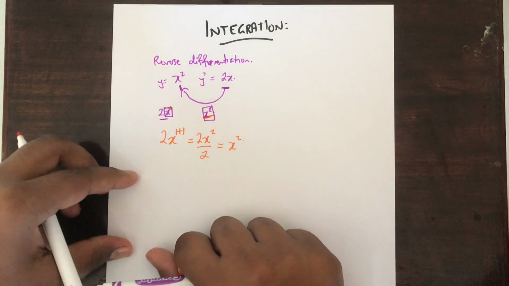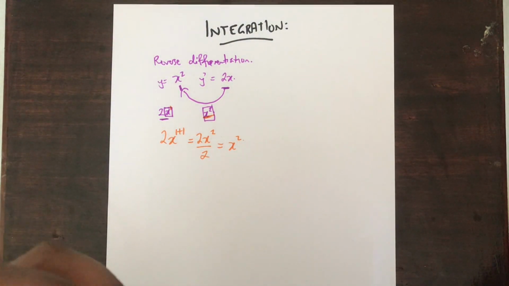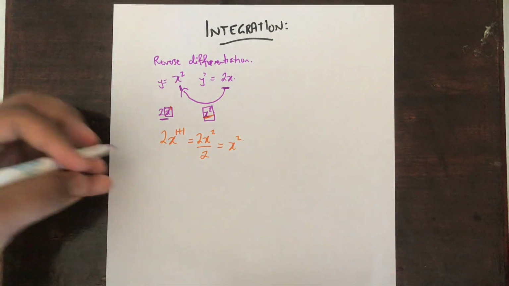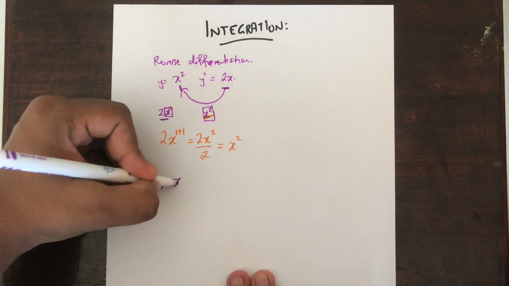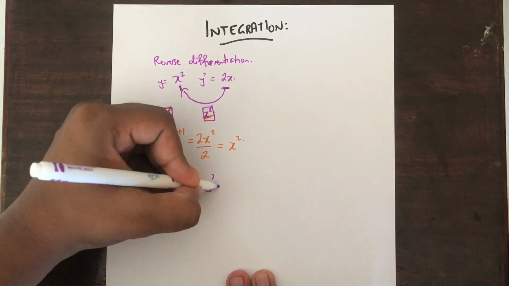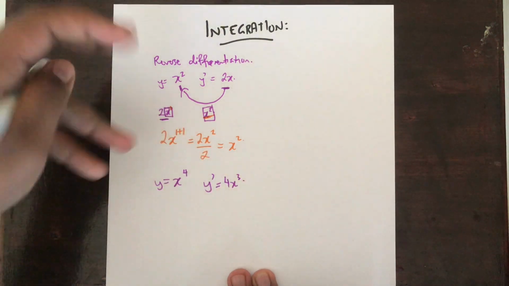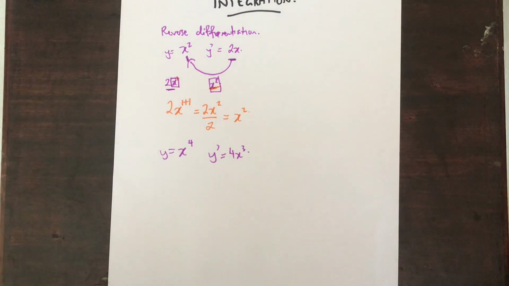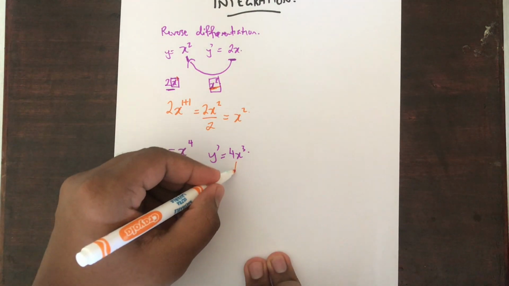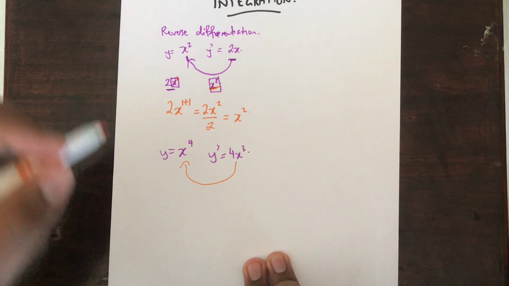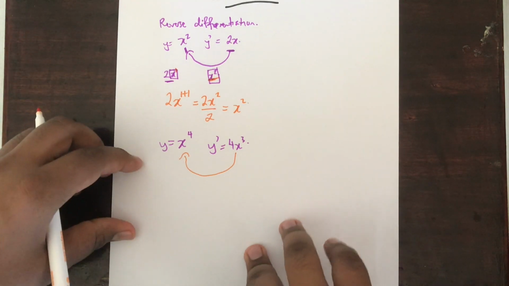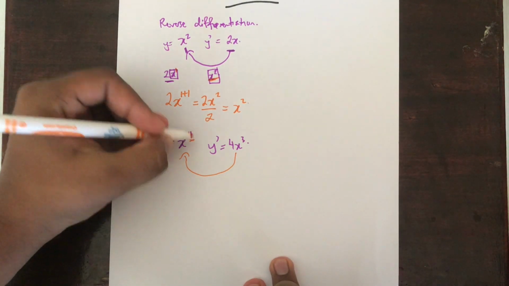Now let me give you a better example so that you can solidify the derivation of this. Suppose you have y equal to x power 4, then y prime will be equal to 4x power 3. Now from here, you need to get from 4x power 3 back to x power 4. The integration happens. Again, notice the powers.